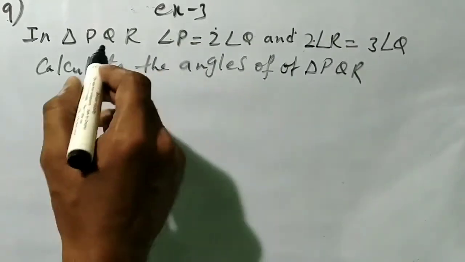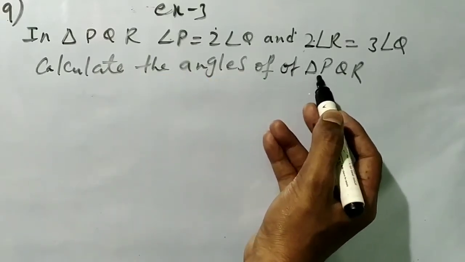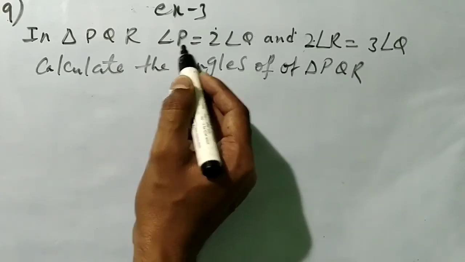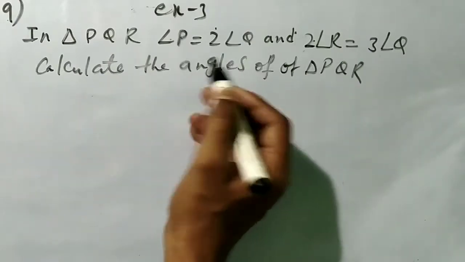Here the question is finding the angles of triangle PQR. From the triangle PQR, we have to find the angles P, Q and R. They are given in equation form like this.